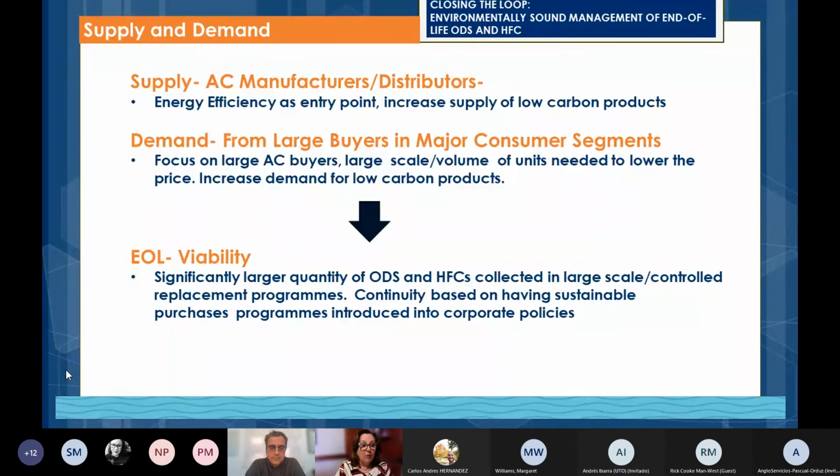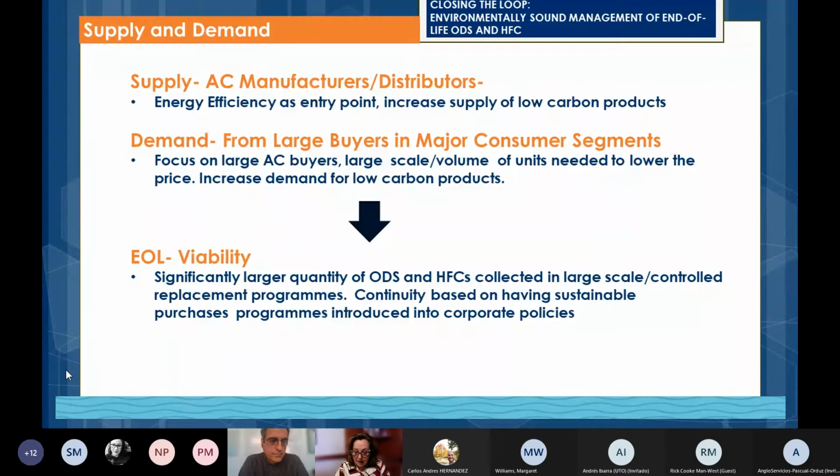And then who are our main players in this scheme? In the supply chain, we have the air conditioner manufacturers. Using higher energy efficiency of the project as an entry point, we can also negotiate in the package a lower GWP fluid, proper spare parts, training, and installation.